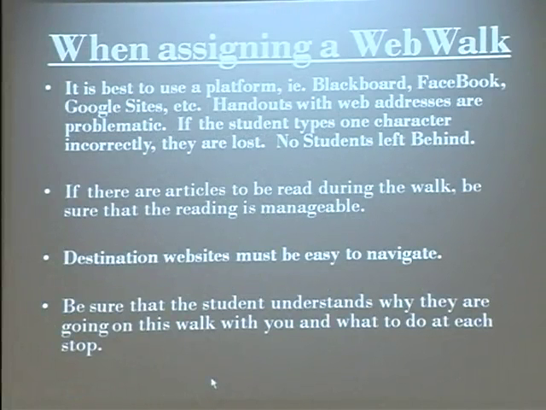So when assigning a WebWalk, and this is where we go back to, it's best to use a platform, which goes back to your question, Carl. I.e. Blackboard, Facebook. I know of a professor who's using Facebook in his class. Google Sites.